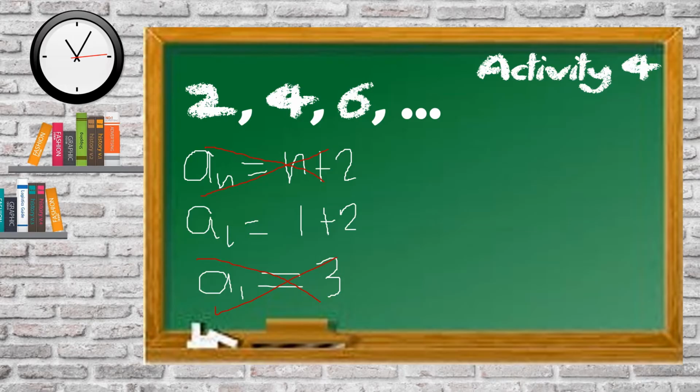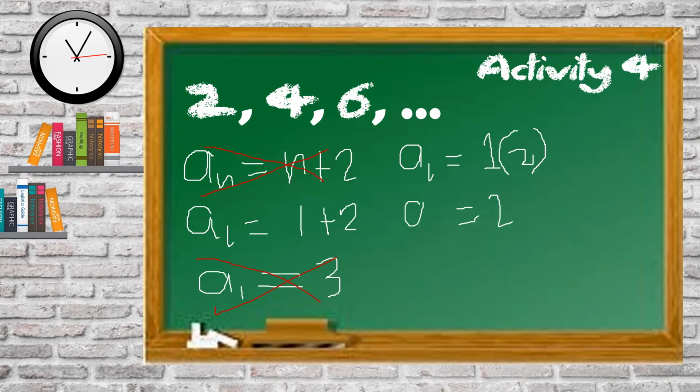Now, paano kaya magiging totoo yan? Let's try another one. So, how about kung ang first term natin ay i-multiply natin sa 2 para yung 1 times 2 is equal to 2. Ayan, tama na siya.